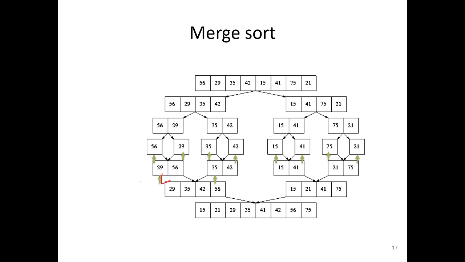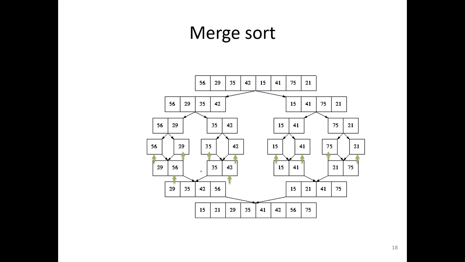Now this arrow represents the left pointer, and this arrow represents the right pointer. Now 29 is compared with 35. 29 is less than 35, so we copy 29 and store it in the temporary array, and this pointer moves. 56 moves.